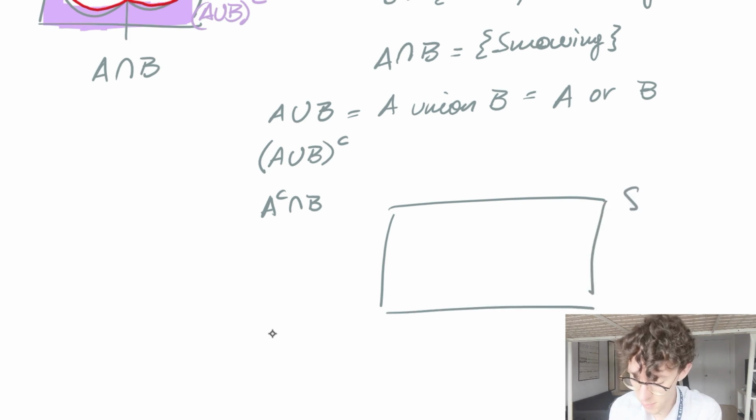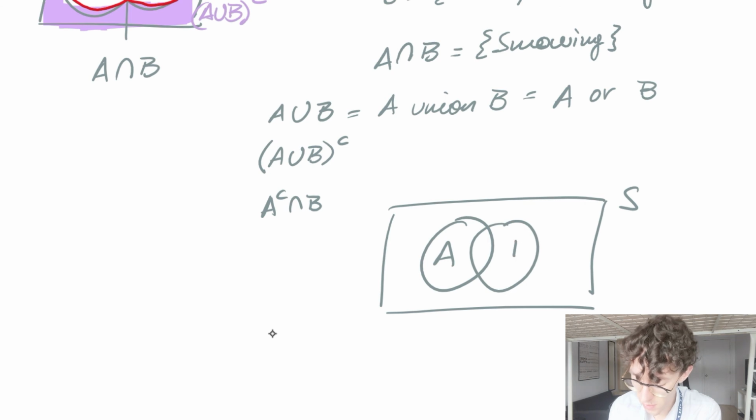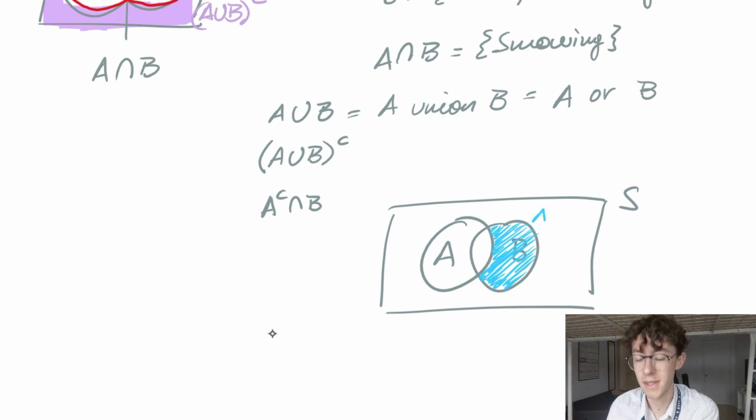If we have our sample space S, we have A and we have B. A complement intersect B would be this blue region here, anything that is not on A but that is on B.